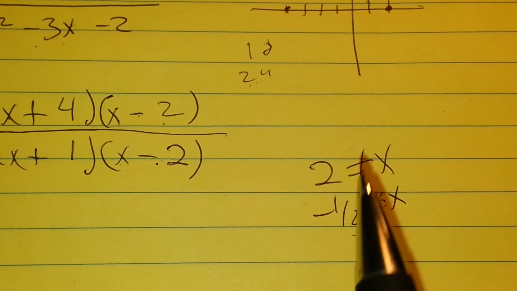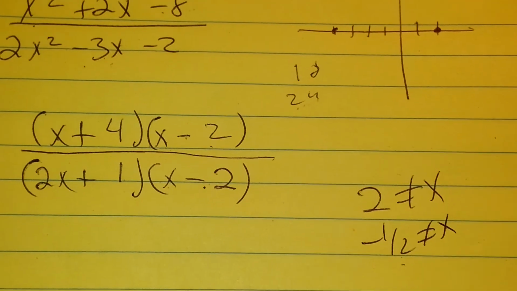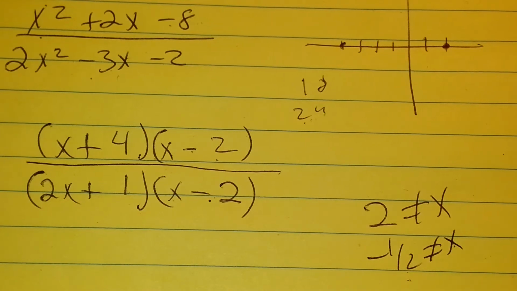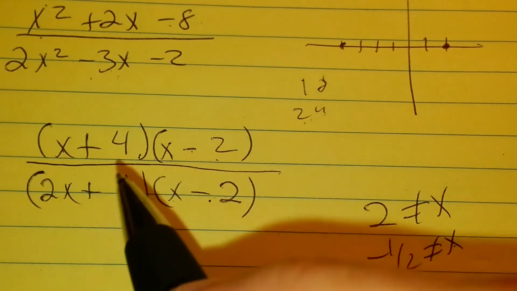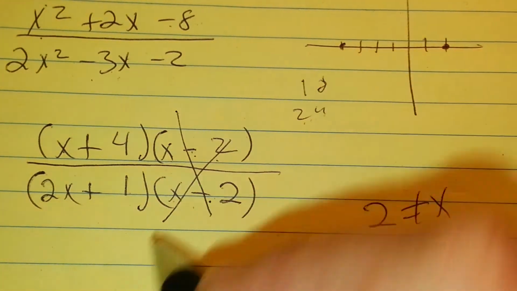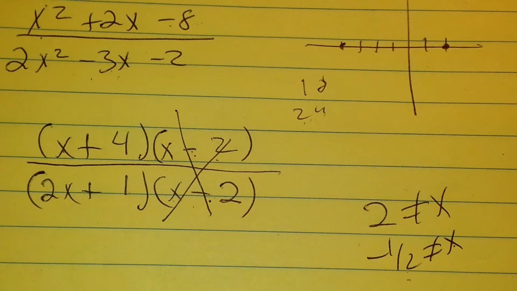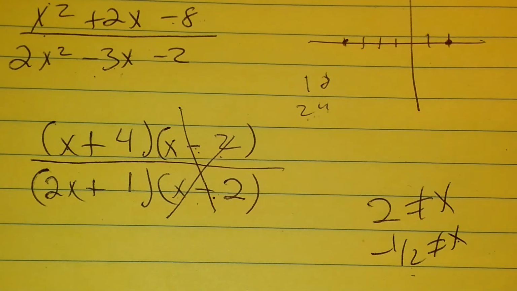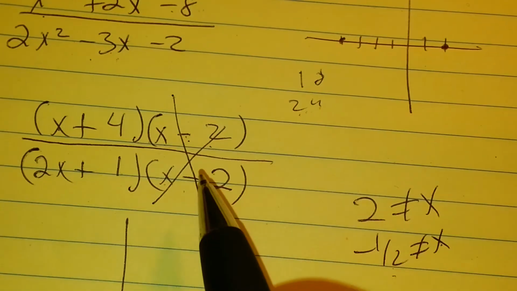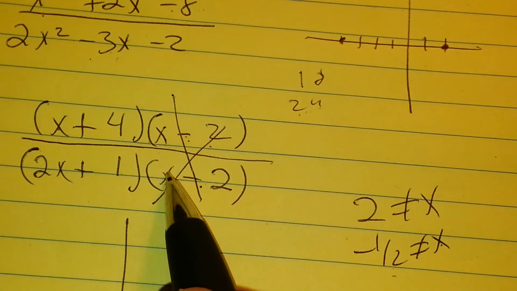Okay? All right? So that's our domain. Great. Now, let's look at x minus 2 over x minus 2. These two factors cancel out. So what that means is, I don't have to have a vertical asymptote at 2.